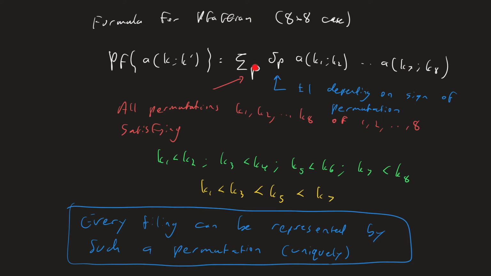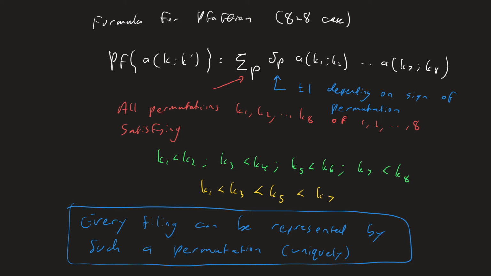only certain permutations. In the 8 by 8 case, we think of the numbers 1, 2, 3, 4, 5, 6, 7 and 8 as forming a set, and we're interested in all permutations, so we denote a permutation by k1 to k8, where each of these k's takes on one and only one of these 8 values, such that all 8 are used.